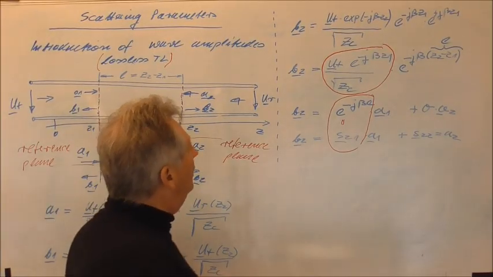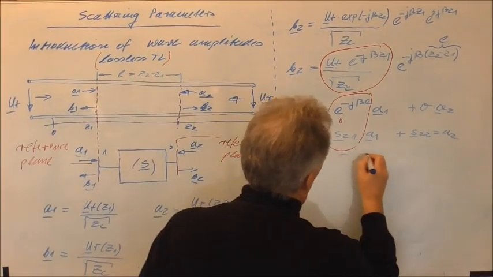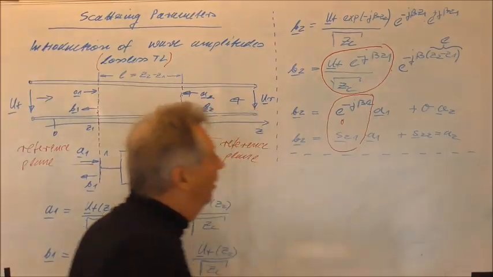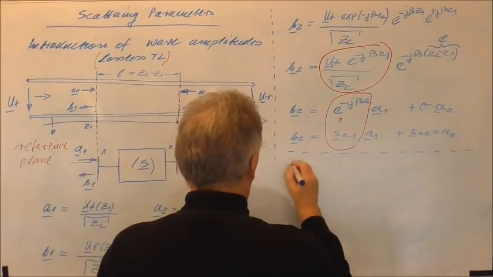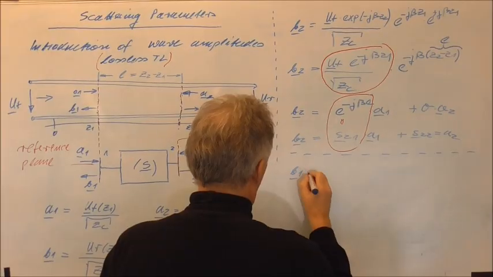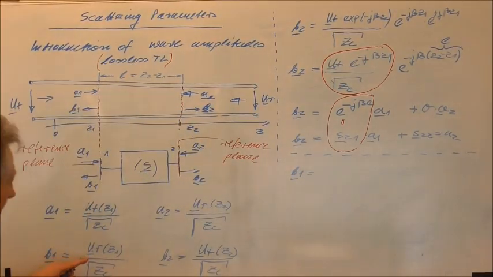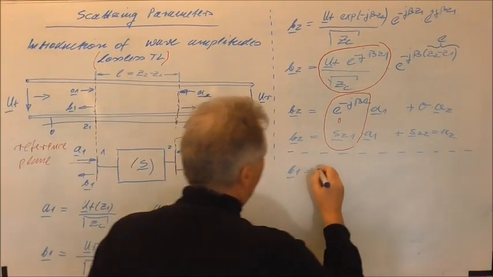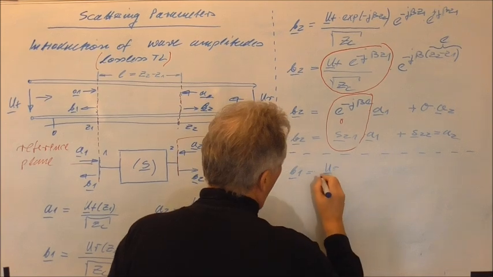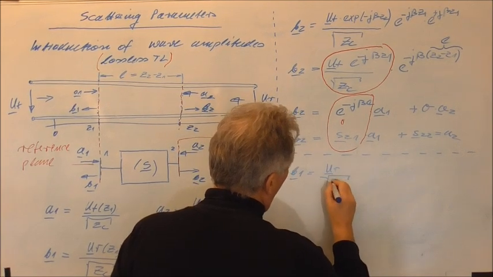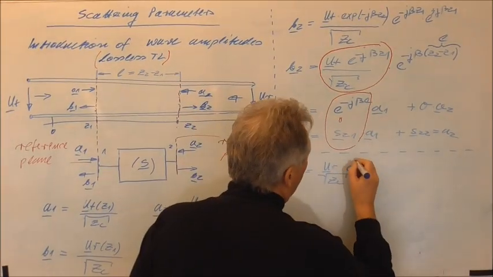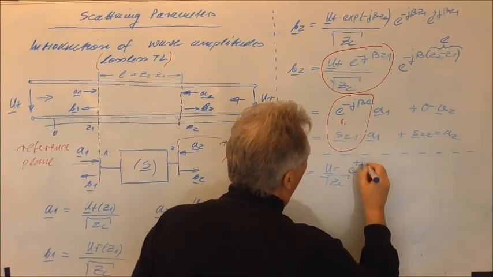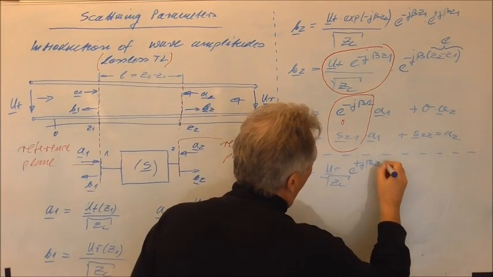In the same way we can also set up the equations for B1. So we can say B1, you see here, it's the reverse traveling wave, UR, times the square root of Zc, times the exponential function of plus j beta Z1.